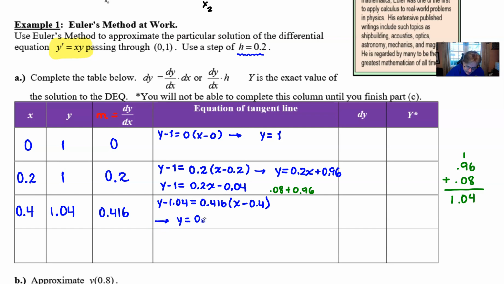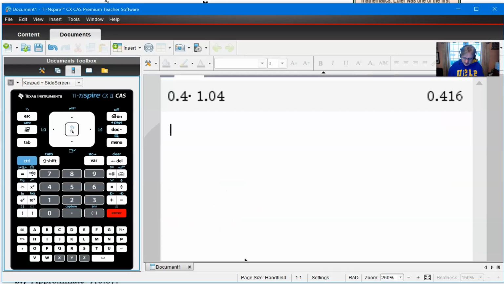We essentially would distribute the 0.416, and then I've got 0.416 multiplied by negative 0.4, as you can see here. So we've got our 0.416 times our negative 0.4, and then I'm going to add our 1.04. This guy's going to add over. That way we can do all those calculations at once.